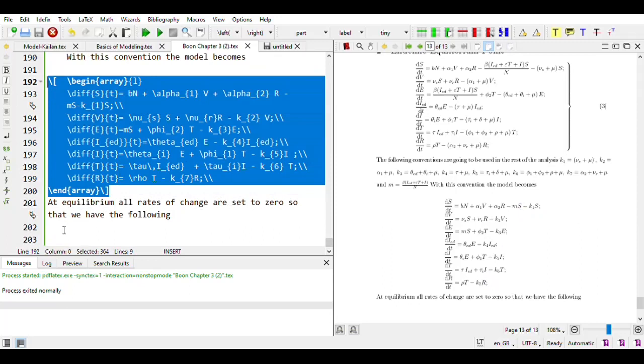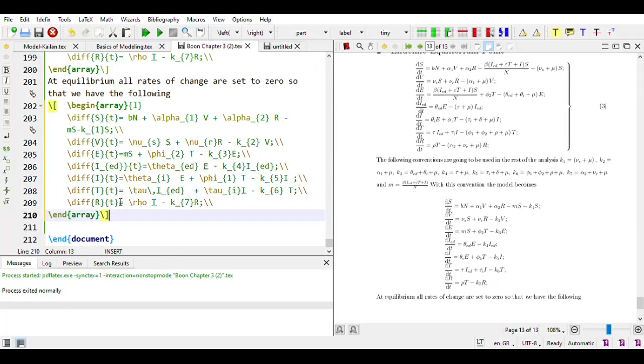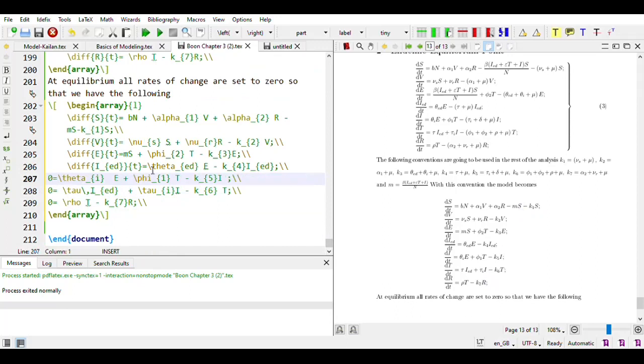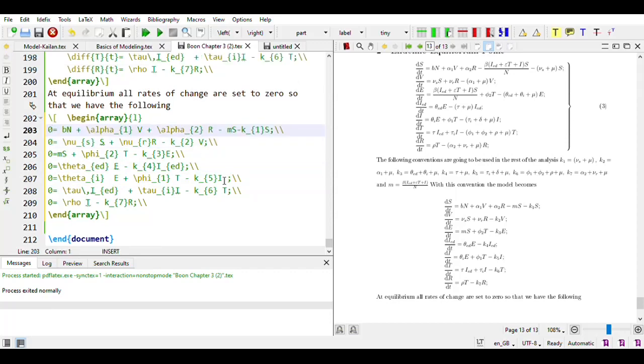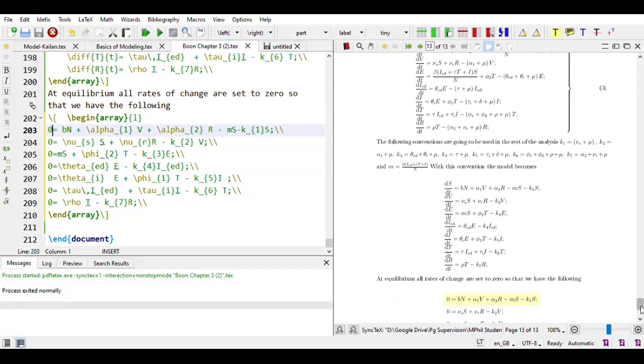So I just copy this and paste it inside here, and I change all of the rates to 0, and then finally this should also go to 0. So now we have these equilibrium equations that are given by this.